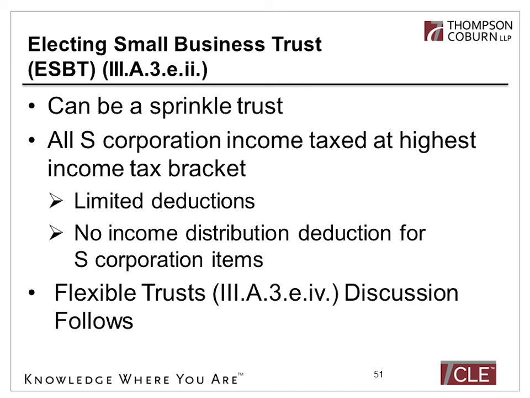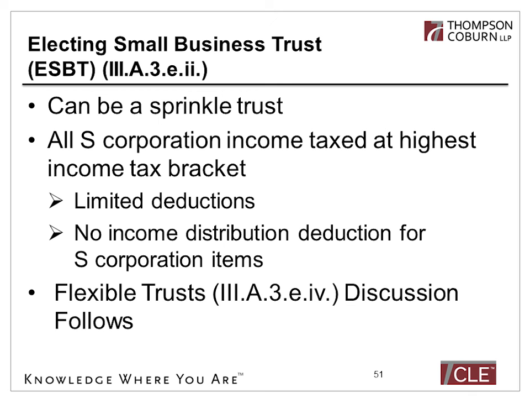So they can be sprinkle trusts, they can have multiple beneficiaries, but as Steve said, all the S corporation income is taxed at the trust level and not to the beneficiaries. So it may be important to divide trusts between the S corporation stock in one trust and all other investments in another trust, taking into account that the income is going to be taxed at the highest income tax bracket for these types of trusts.